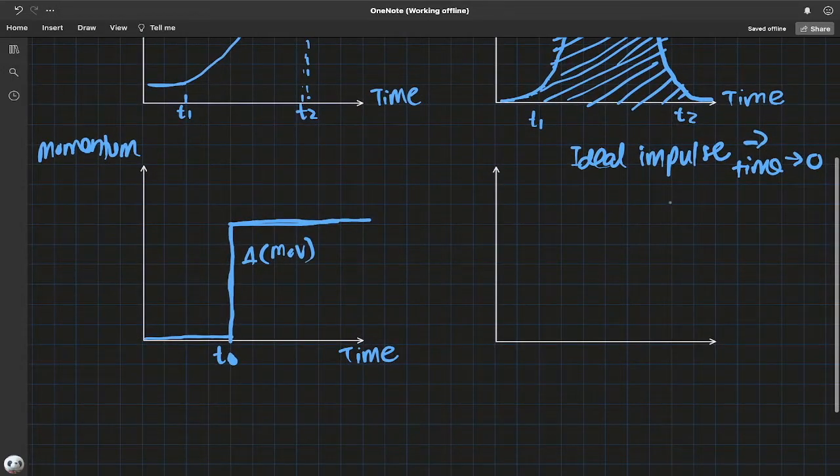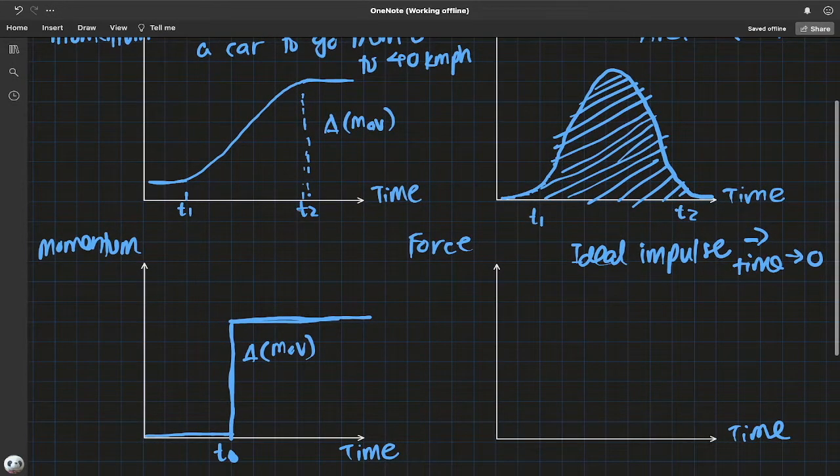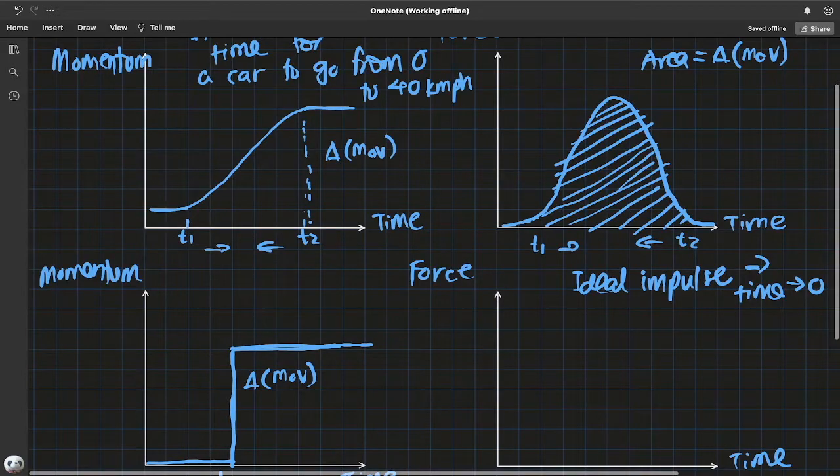Okay, and let's do the same. Let's denote the same hypothetical scenario with the force versus time graph, which is going to be pretty strange. If you notice what I did here, I squeezed this t1 and t2 together, and when I do that, this graph basically becomes one part of a square wave. If I do the same in the second graph, I'm going to get this peak to be sharper and sharper at that one point t0.